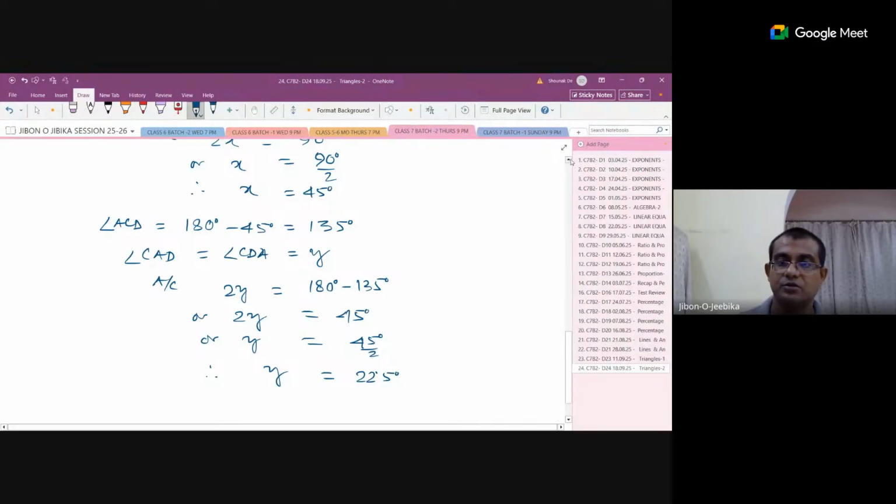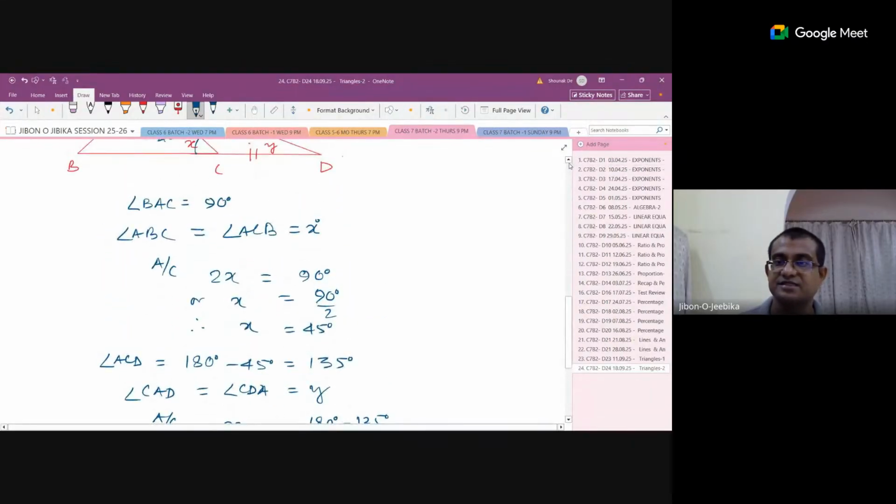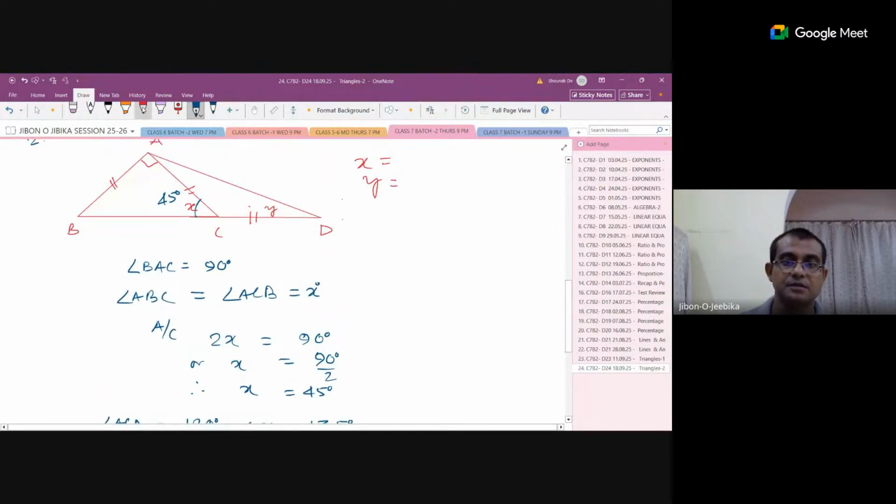This can be done another way, using the external angle: it is equal to the sum of the two opposite angles, and both are y. So 2y is equal to x, because the external angle ACB of the third angle is equal to the sum of the two opposite internal angles.